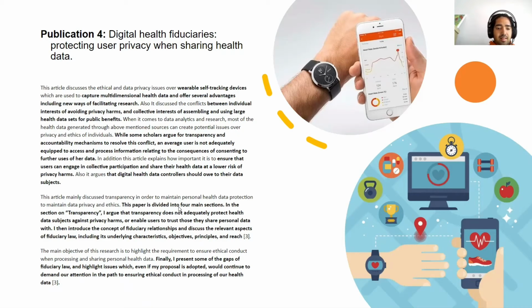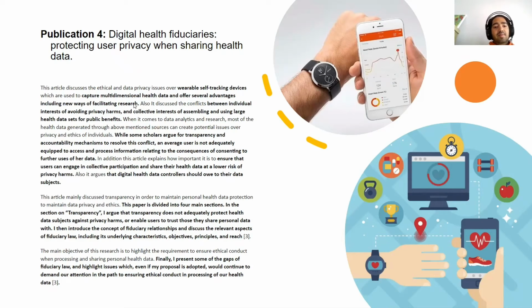Here it says, when it comes to the core, this article discussed the ethical and data privacy issues of wearable self-tracking devices, which are used to capture multi-dimensional health data and offer several advantages, including new ways of facilitating research and data analytics.